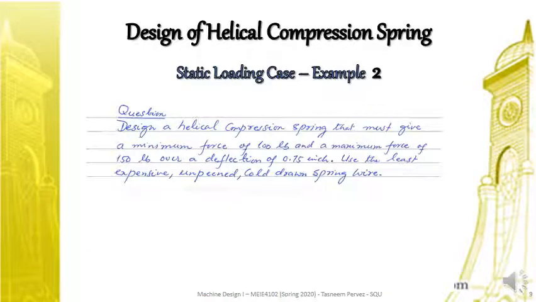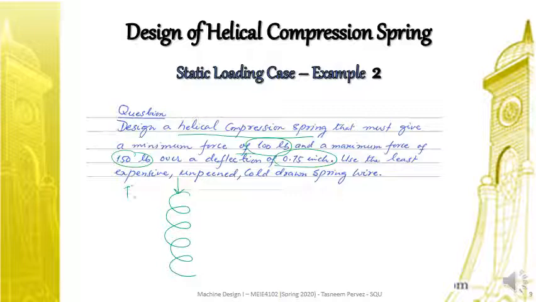Now this is the second problem where I need to design a helical compression spring that will work with the minimum load of this and maximum load of this, and the working deflection is this. Now what does it mean? So I will just draw a spring and I'll say, okay, here is the spring and here is the load, and I call this the minimum load.